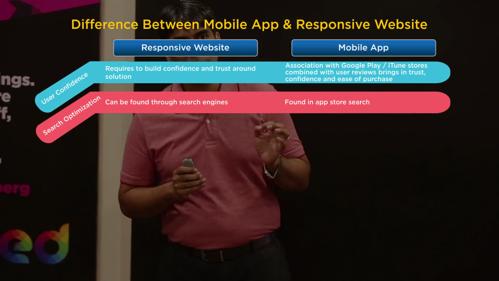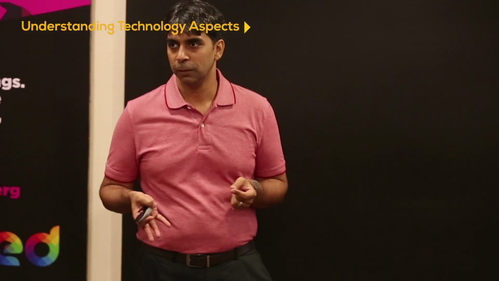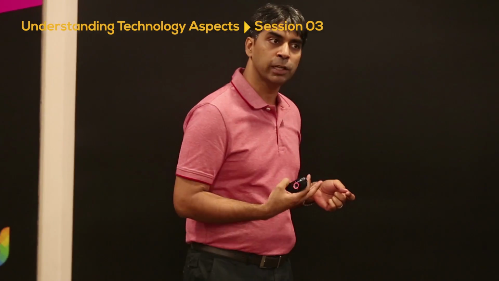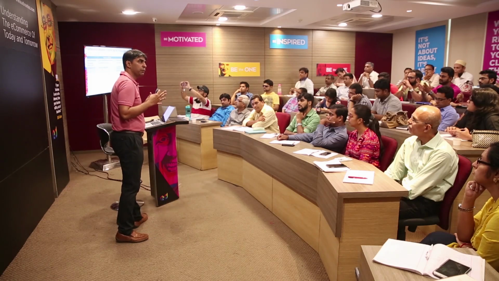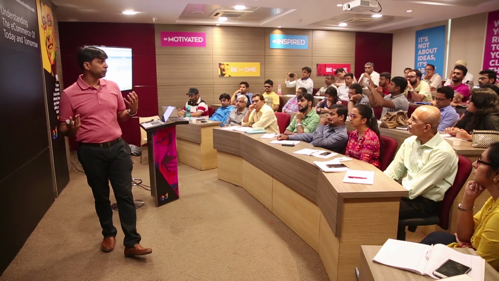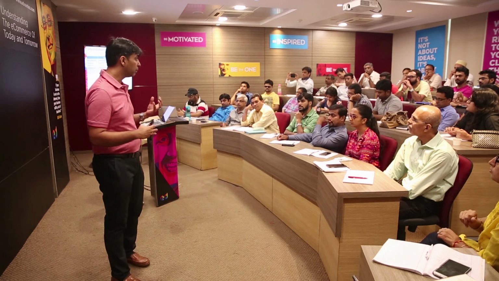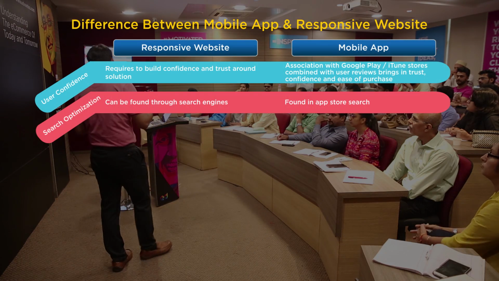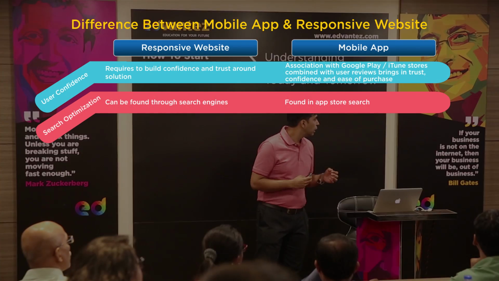But there's a caveat to this. Google is fast changing its algorithm to let you search for apps as well. Okay, they're already starting to do this. So maybe this will equalize in the future. I've actually even heard that apps get a little bit better preference at this point, but that may change. They change their algorithms very often.